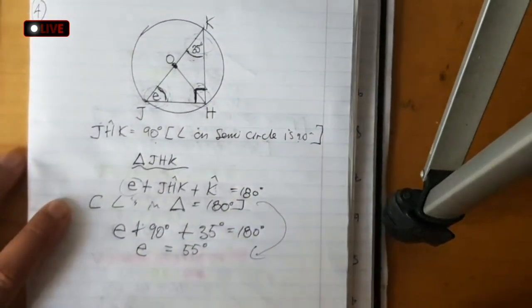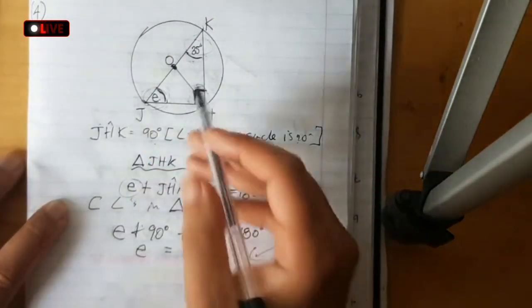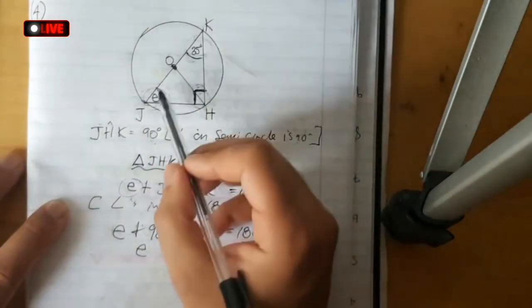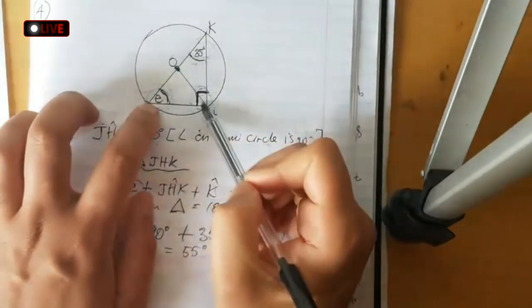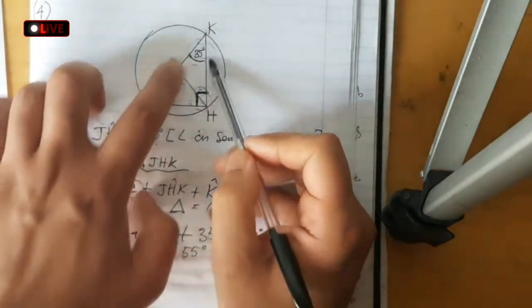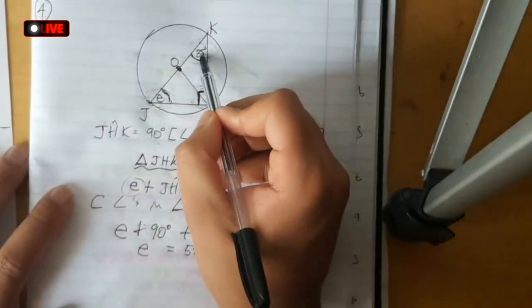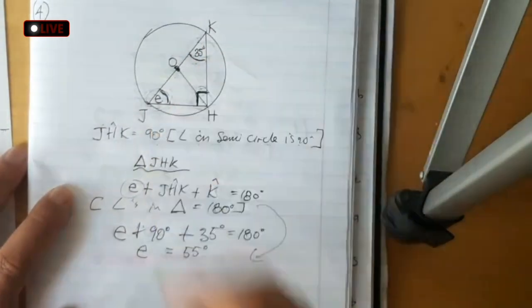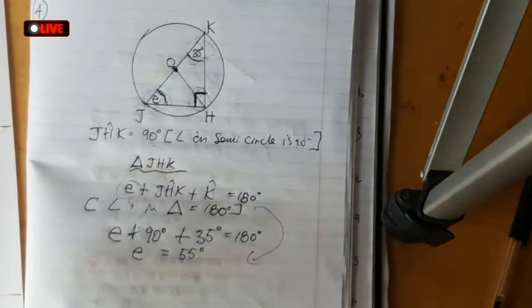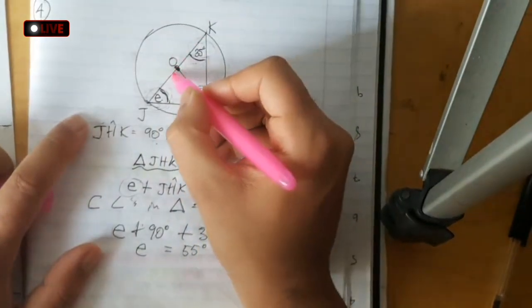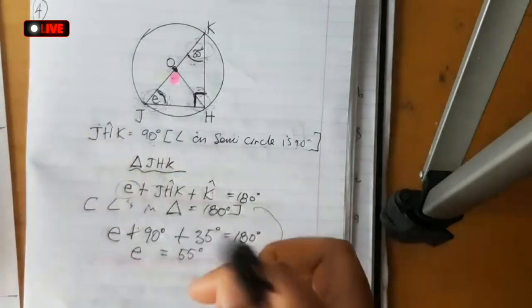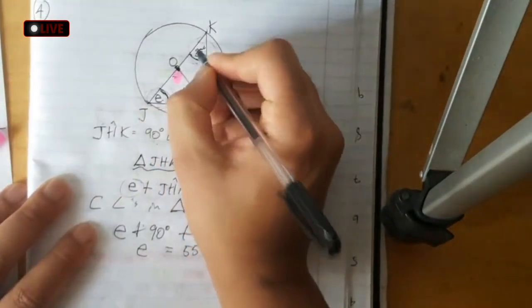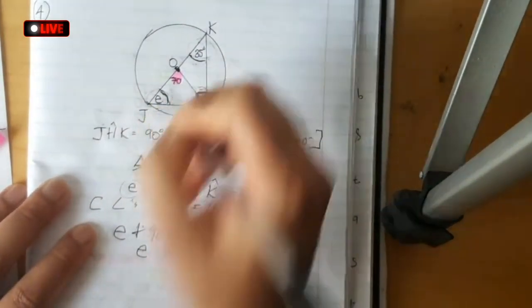So the second solution is, remember, we were given this angle and this angle. If you want to apply this theorem, the angle at the center is twice the one at the circumference. So if this is 35, then this one must be 70. So I'm going to use a different color for solution 2. That angle there is going to be 70. If this one is 35, this one is going to be 70.